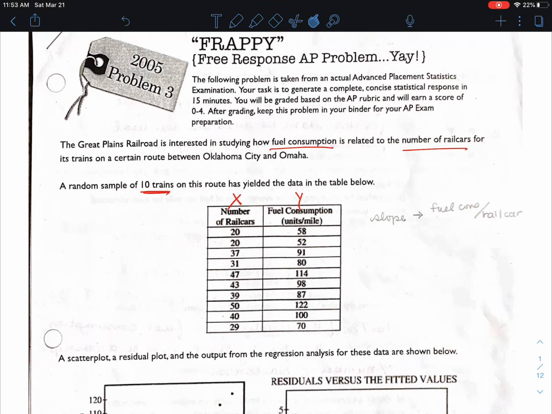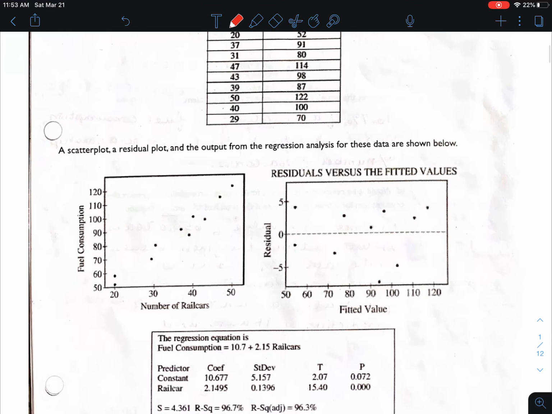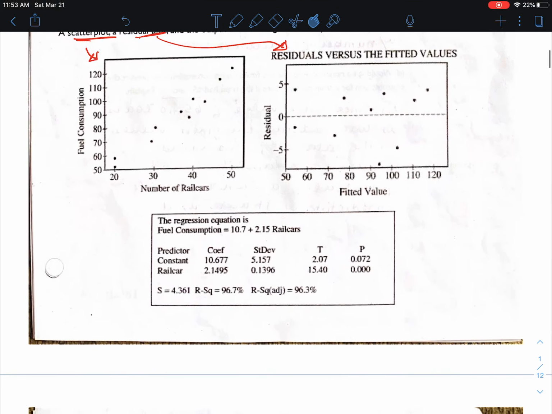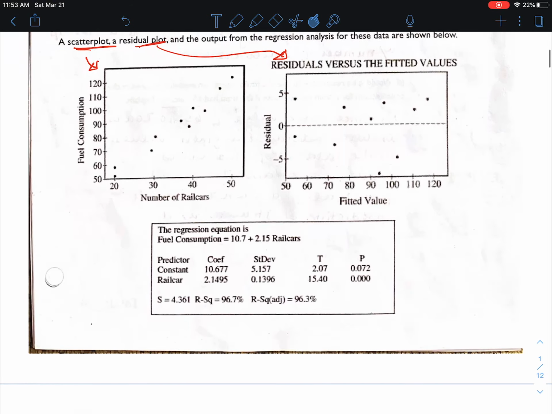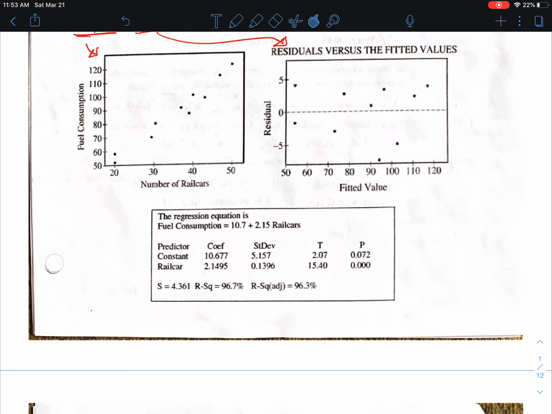Okay. Other information they give you here: a scatter plot of that data, and over here a residual plot, which will be helpful with one of the questions they're asking us. And it's been a little while since we've looked at computer output, but we definitely want to be comfortable with identifying certain pieces of it. Namely, right up here, they're giving you the regression equation.